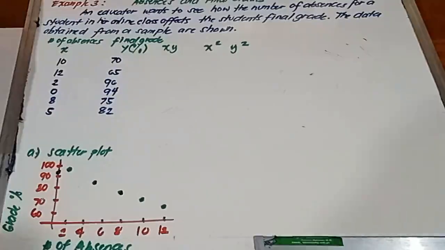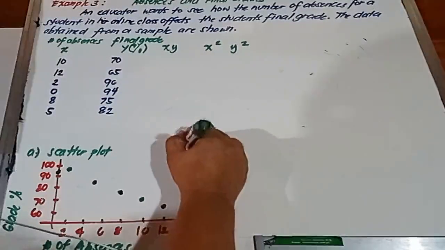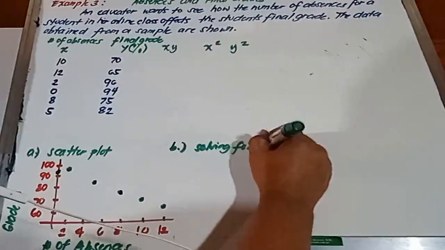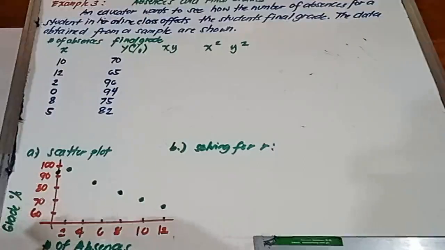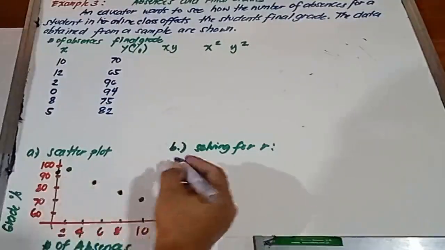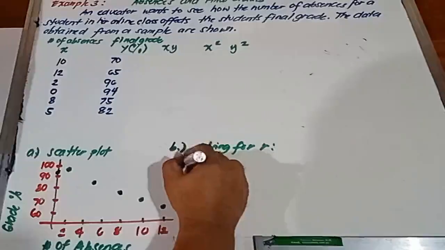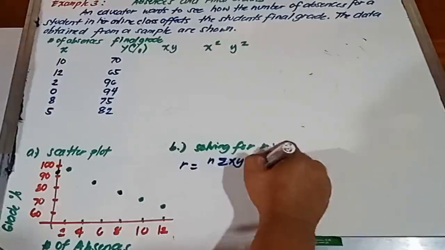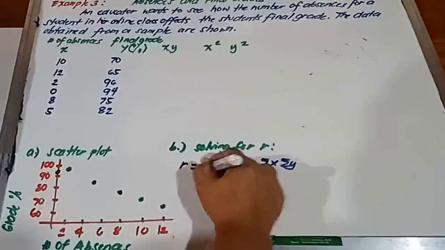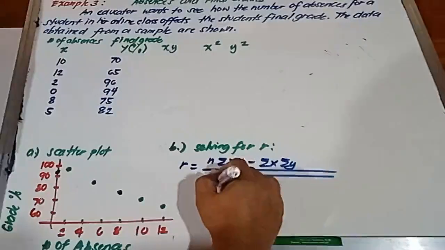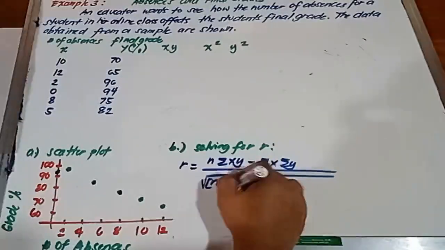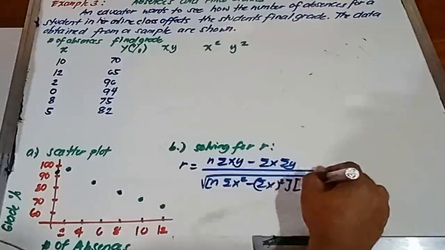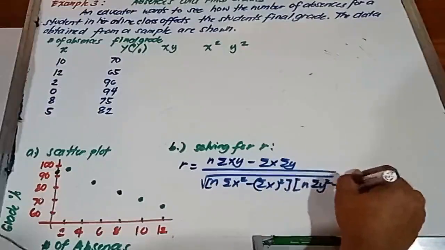Okay? Letter B, kunin natin yung correlation coefficient. Formula ng ating r is r equal to n summation of xy minus summation of x summation of y all over square root of n summation of x squared minus square of summation of x times n summation of y squared minus square of summation of y.